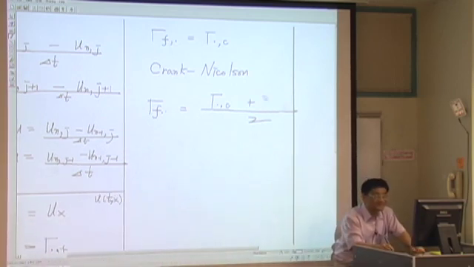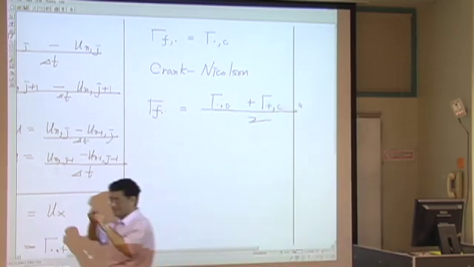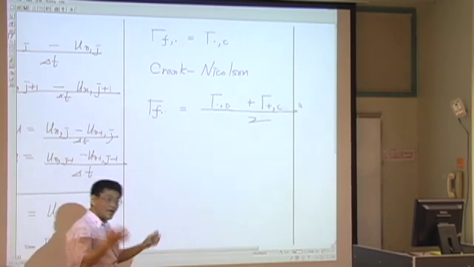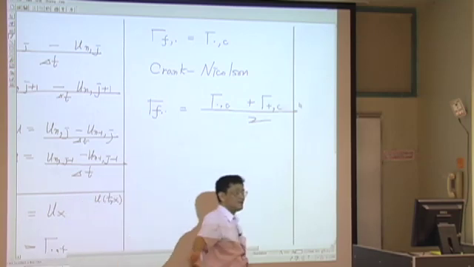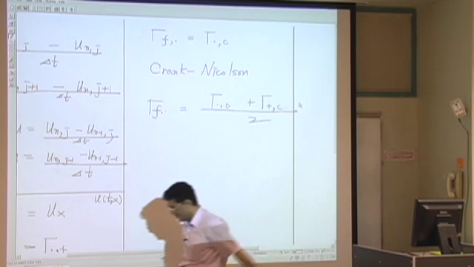Advance. Let's advance. Instead of just considering 3 points, one row up, right? Consider one row up, then average. This is called the Crank-Nicolson method. So quick, done.